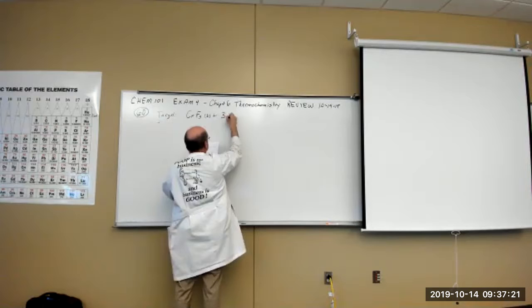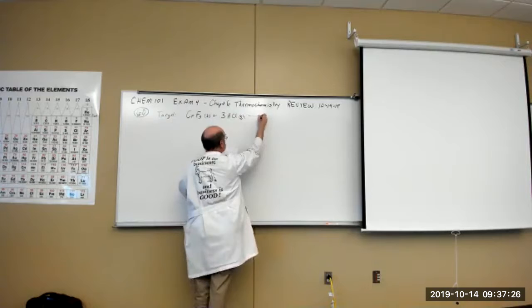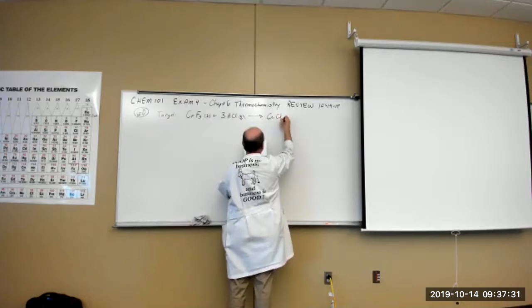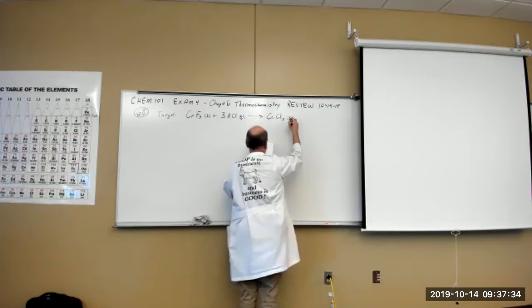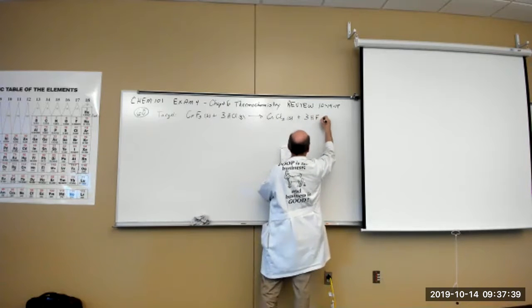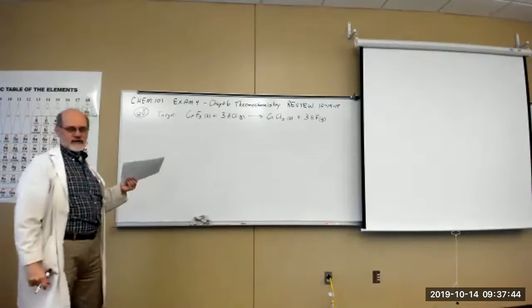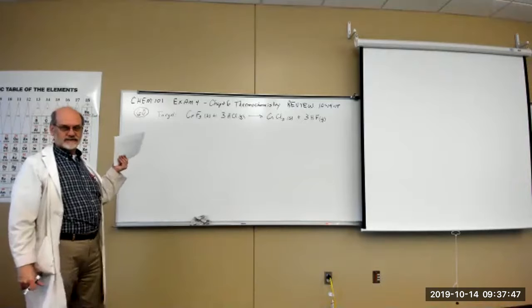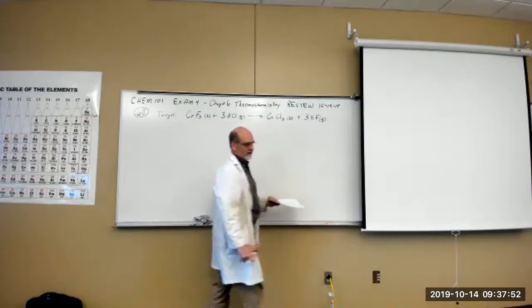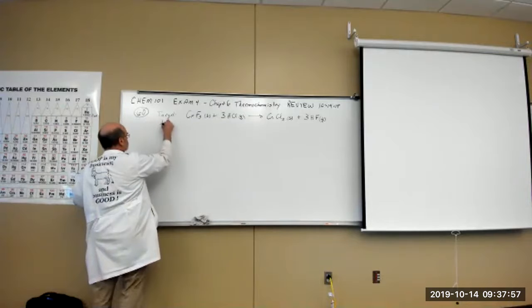And we want to react it with hydrogen chloride gas to yield chromium 3 chloride solid plus hydrogen fluoride gas. Notice I didn't say hydrochloric acid or hydrofluoric acid because they're not in water. Right? As a gas, that's hydrogen chloride and that's hydrogen fluoride. Okay, so we want to know what's the delta H for that reaction.